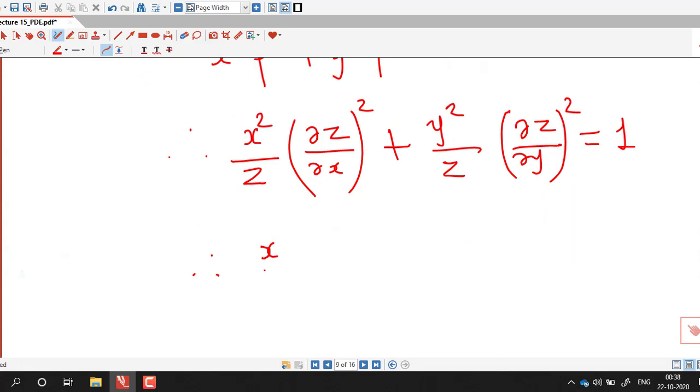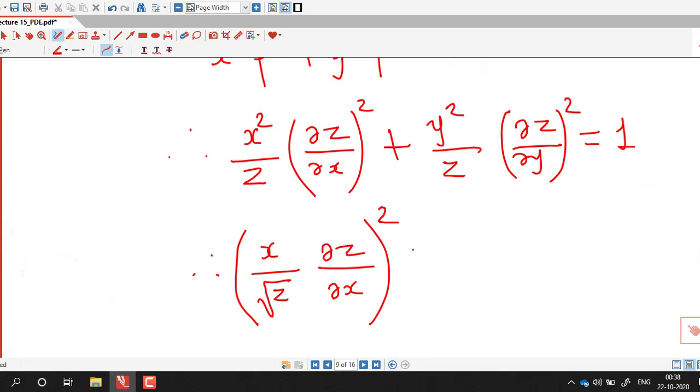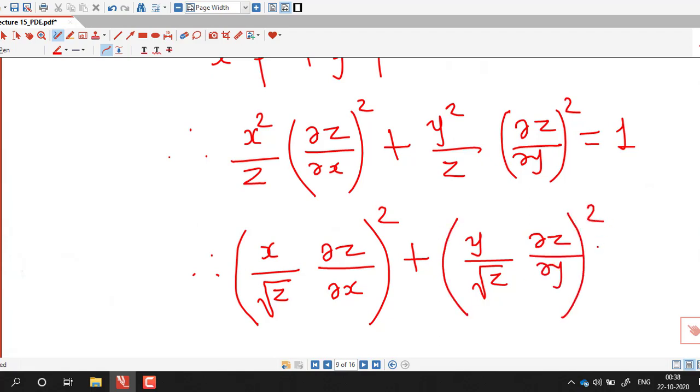This we can write again as x divided by square root of z del z by del x whole square plus y square root of z del z by del y whole square equal to 1.